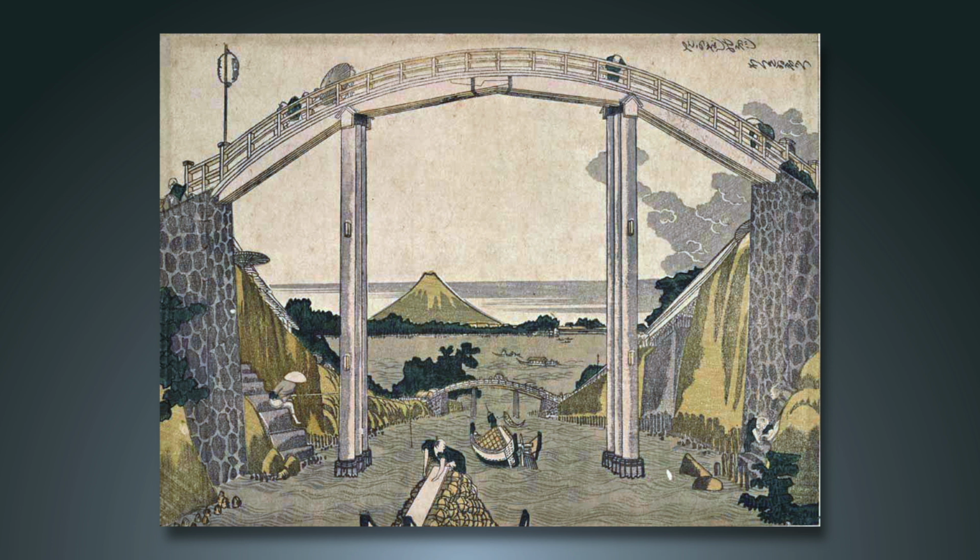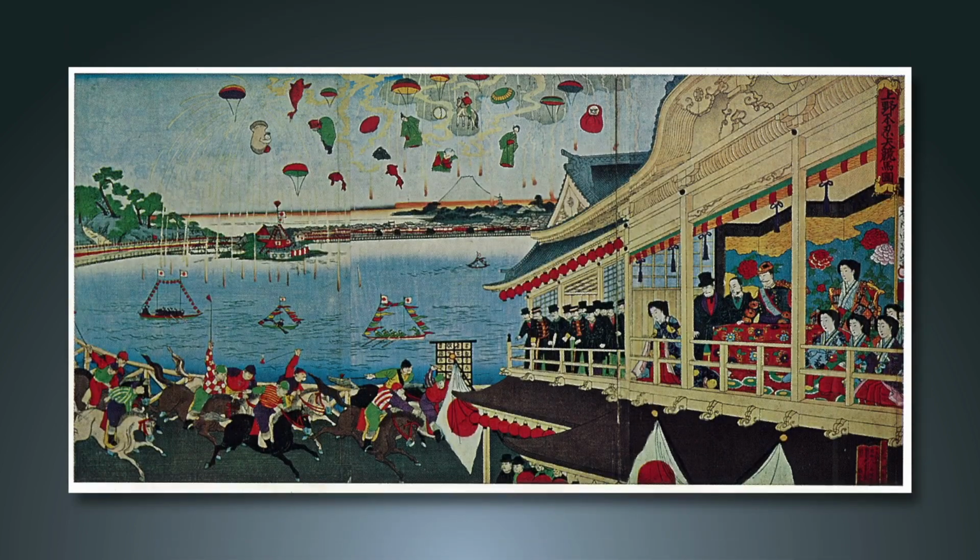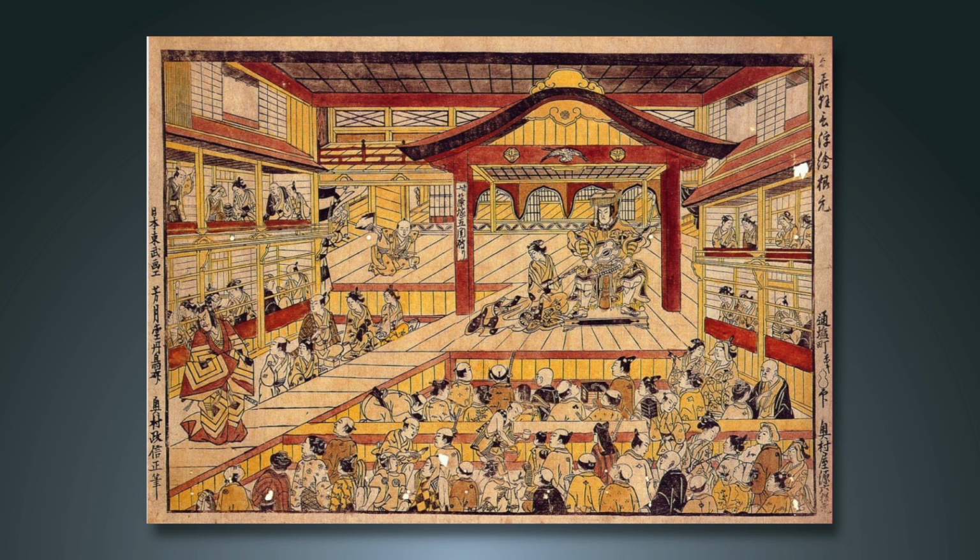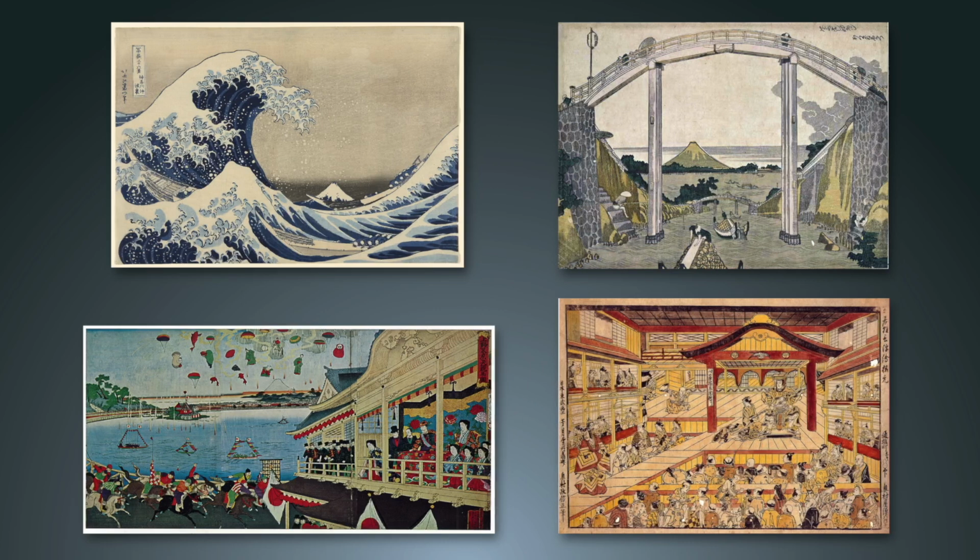Artists like Hokusai used asymmetrical compositions and bold, flat colors to create depth and movement. By using overlapping elements and varying perspectives, ukiyo-e artists captured the bustling life of the Edo period, from landscapes to kabuki actors. How do you think the arrangement of space in ukiyo-e prints influences the viewer's perception of life in Japan?